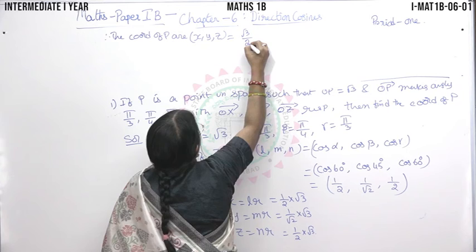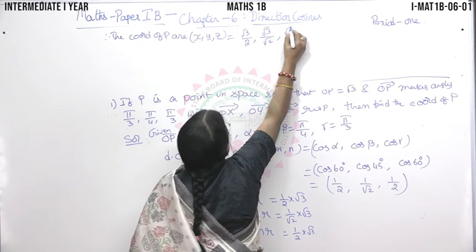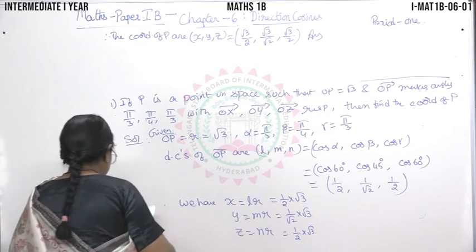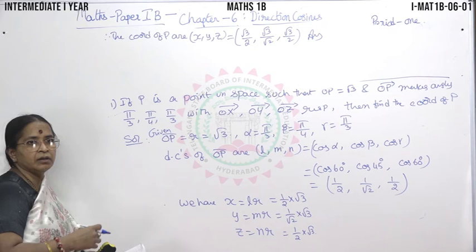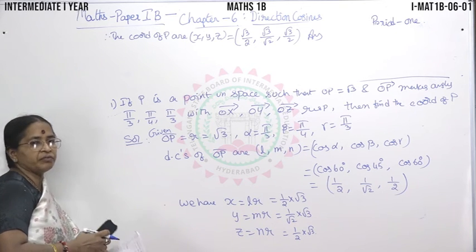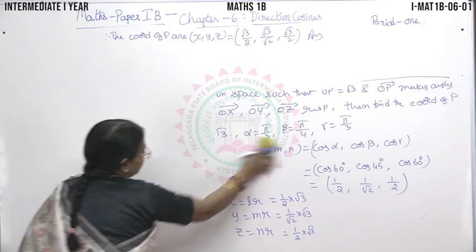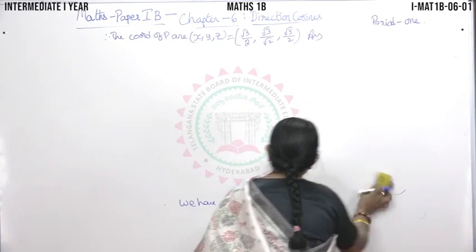So root 3 by 2, comma, root 3 by root 2, comma, root 3 by 2. So this is your answer. So like this we do the problem. So what is given, you find out, and then accordingly please use the correct formula and then substitute.